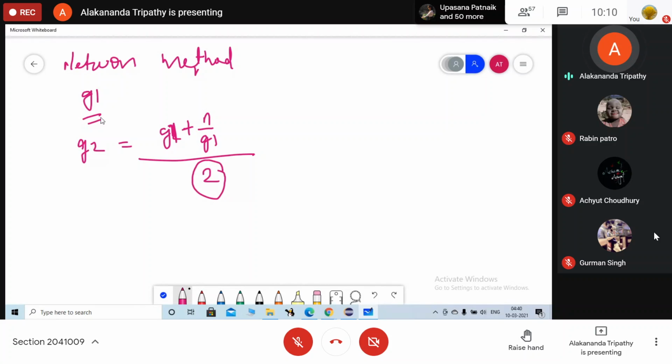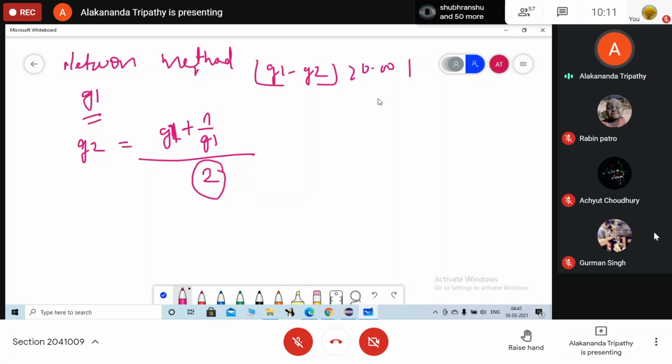We are going to repetitively use this formula until G1 minus G2 is no longer greater than 0.001.